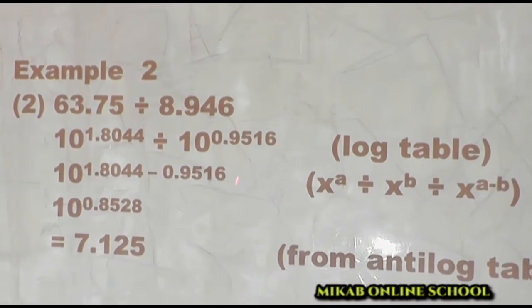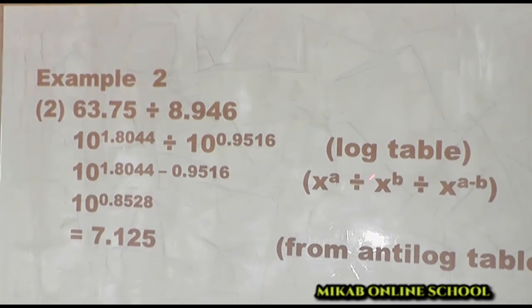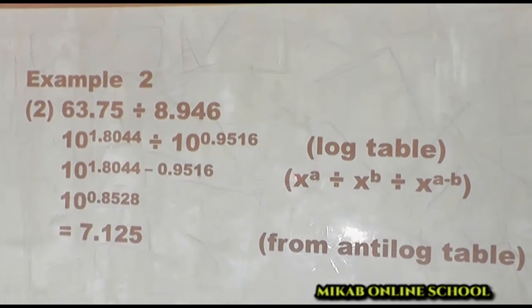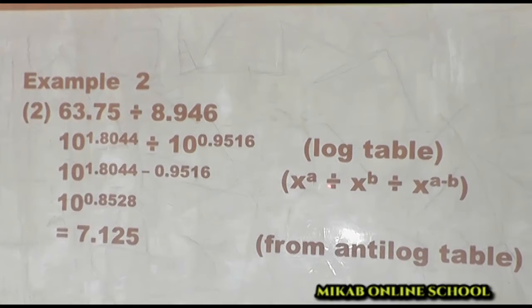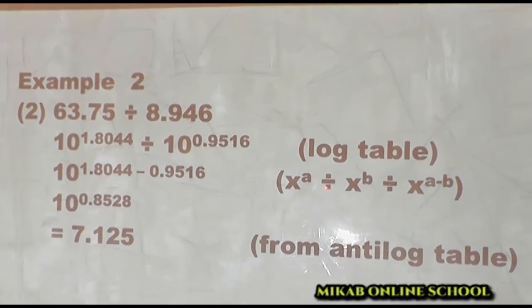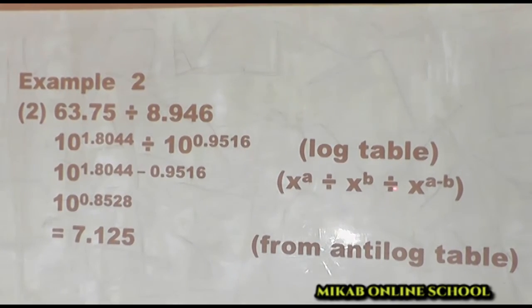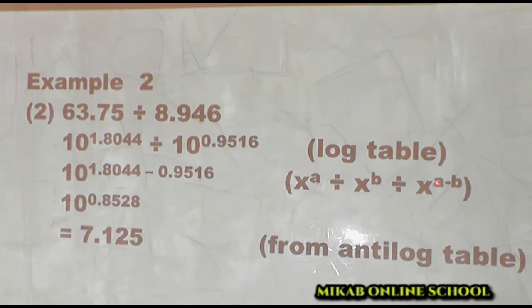Also, referring to our laws of indices, which state that when you have common bases and they are dividing themselves, you will simply pick one of the base and then subtract the powers. That is the same case we have here, where we have 10 raised to the power of 1.8044 divided by 10 raised to the power of 0.9516.